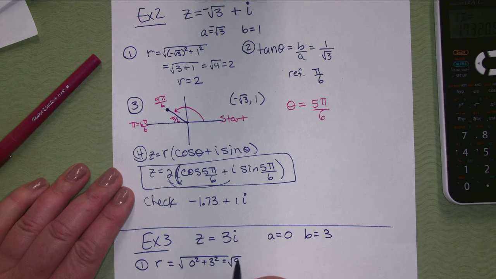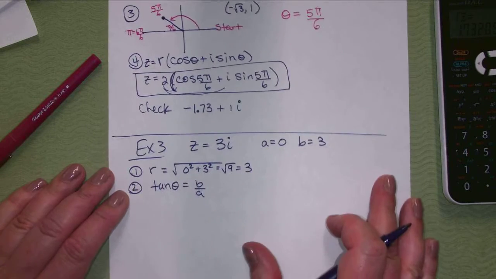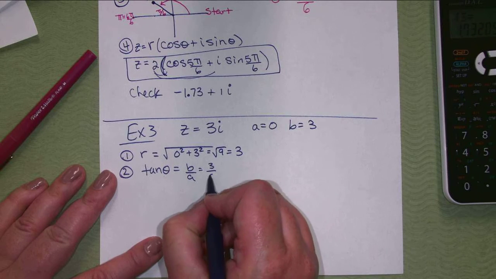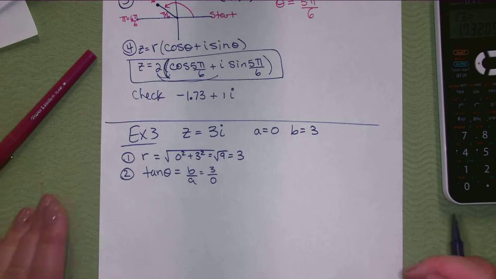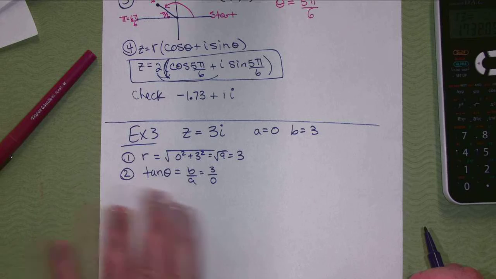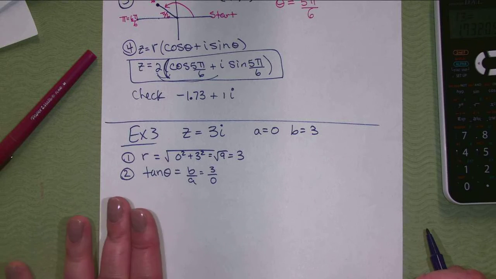Step 2 is to do tan of B over A. So B is 3 divided by A. What do you think? Undefined. And remember, tan was either 0 or undefined. Now, we don't even need this tan bit for this one. All we need to do is draw the angle.